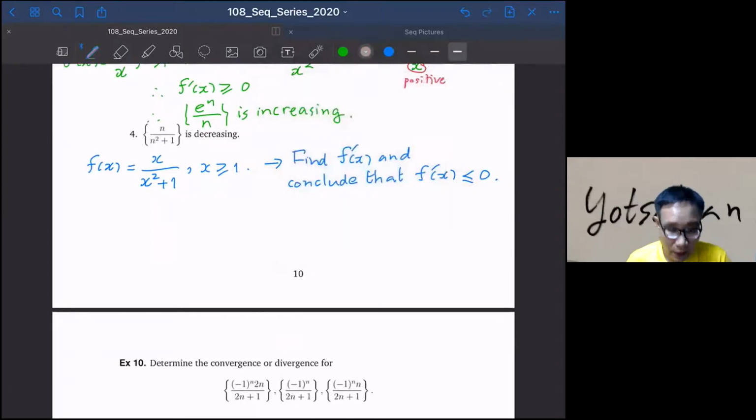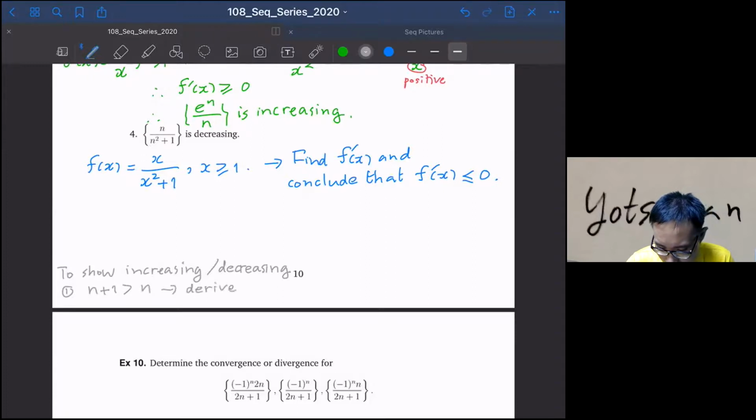So let me conclude this one. To show increasing or decreasing, we have two ways to show it. The first thing that we can use is n plus 1 greater than n, and divide by basic inequality.